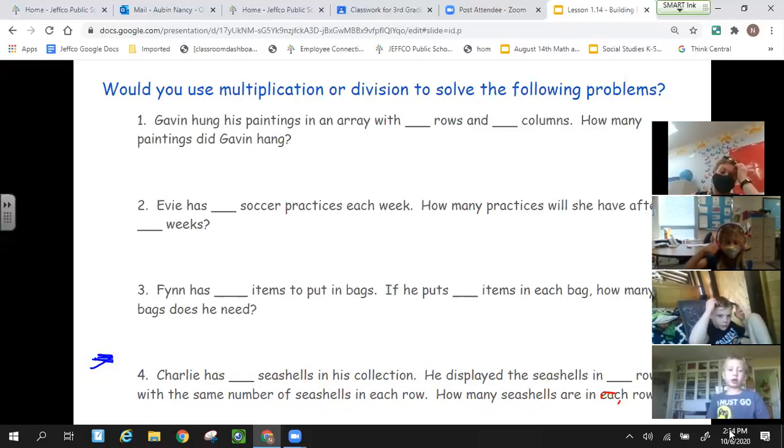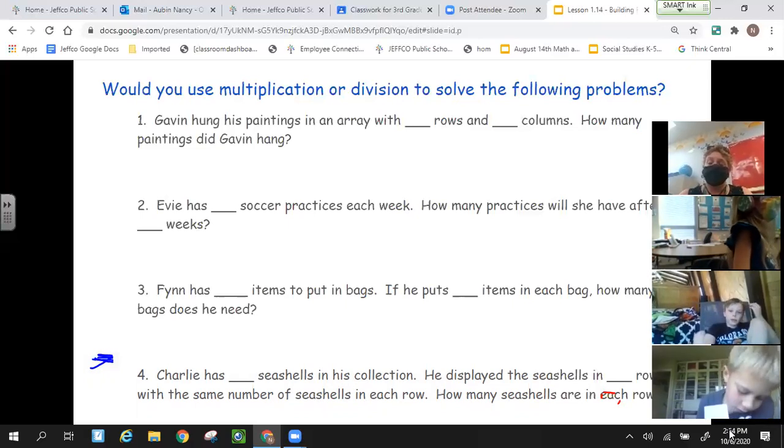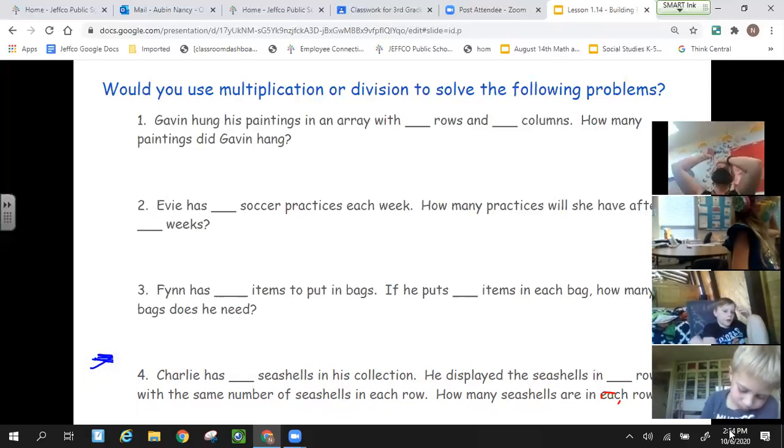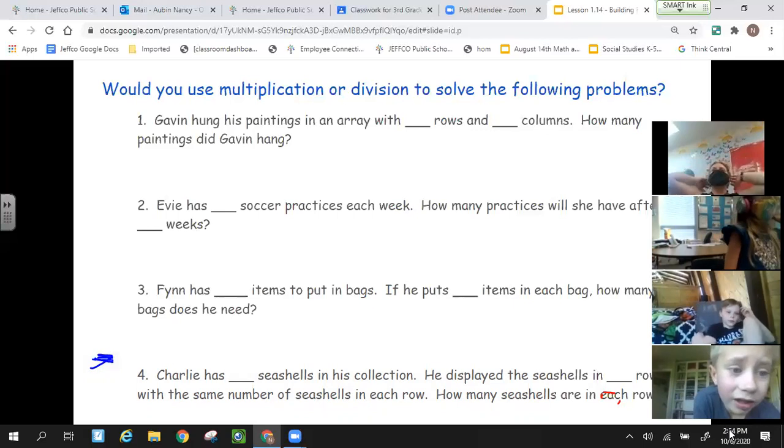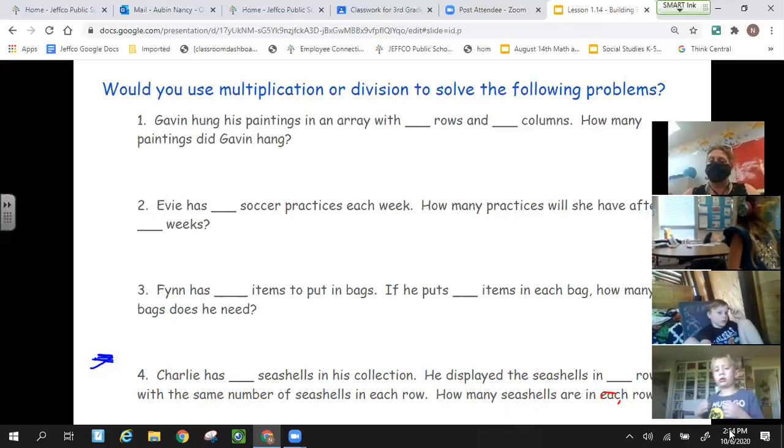If your thumb is up, pat yourself on the back. Your brain is thinking. You're right. Why is it division, Jensen? Because he knows how much seashells he has. Yeah, we already know. He might have 50. He might have 45. And he's dividing them up into what? Into rows.